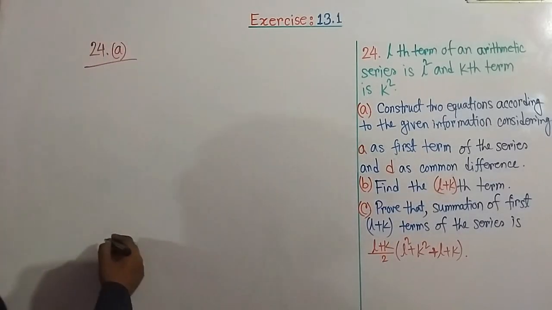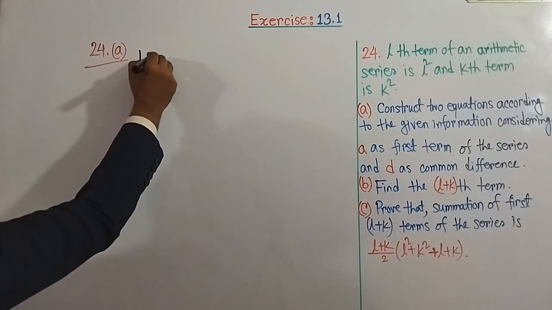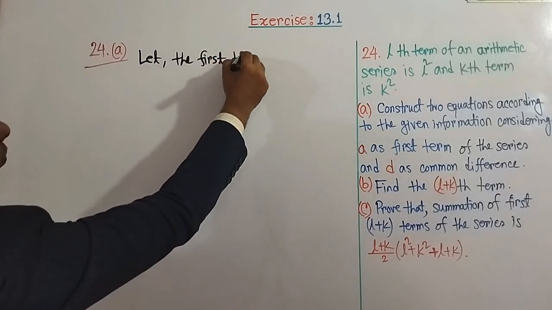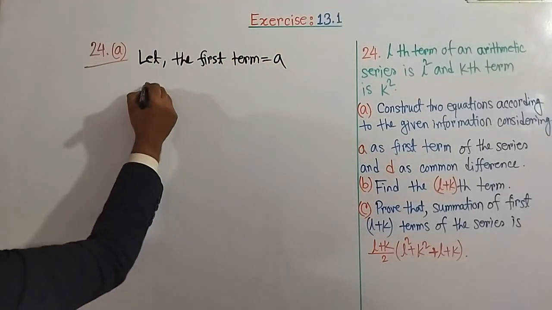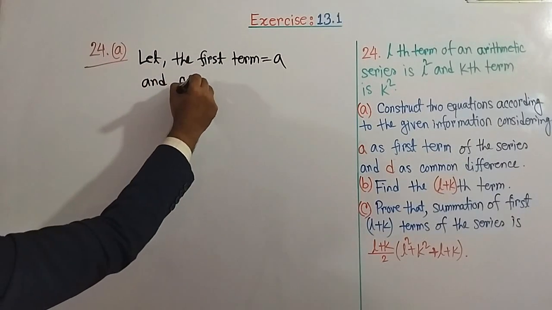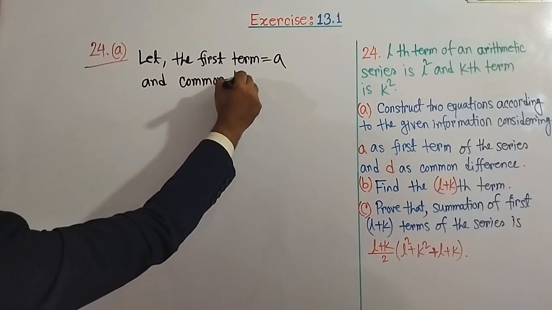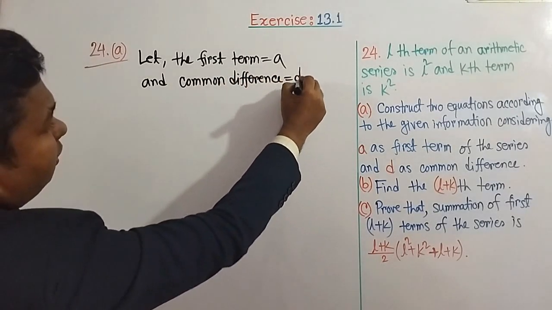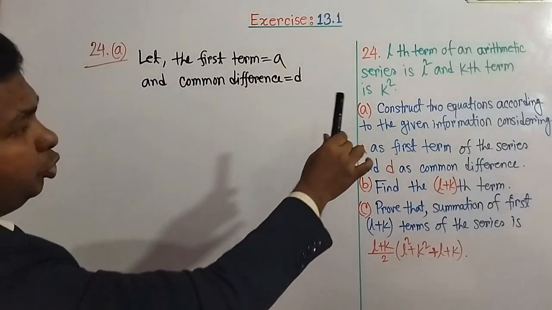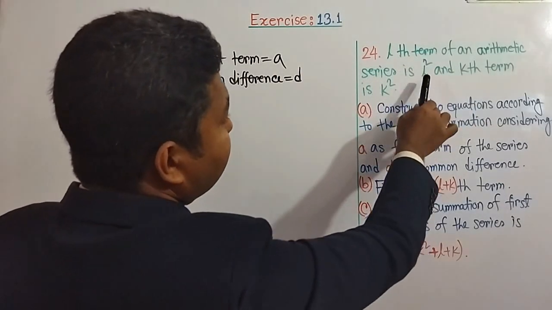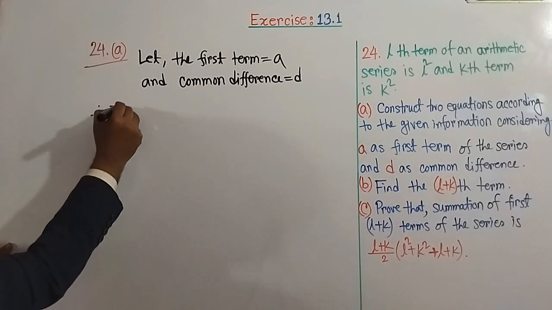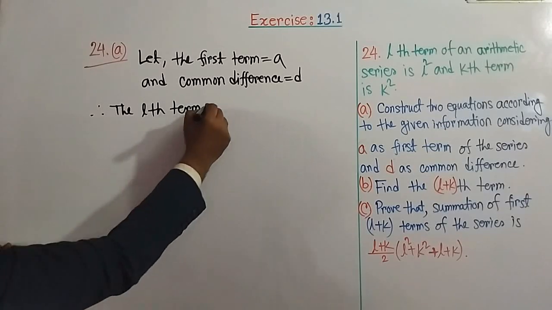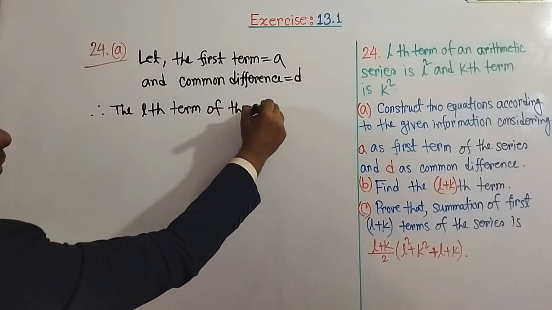So for question A, at first we have to write: let the first term equal a and common difference equal d. Now according to our information, the nth term of an arithmetic series is L square. So the nth term of the series.